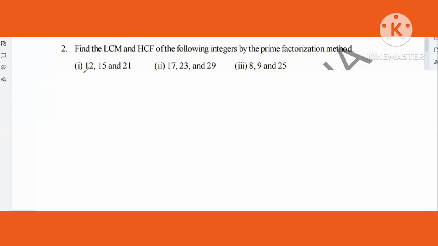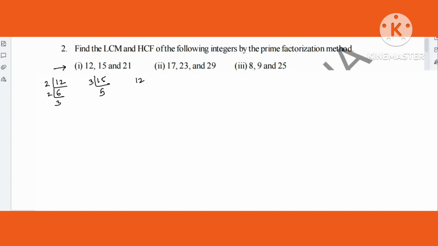Here I have the number 12, first one. We have to do prime factorization for all the numbers. 12: 2 6s are 12, 2 3s are 6. You can stop here, because you got a prime. Here 15: 3 5s are 15.